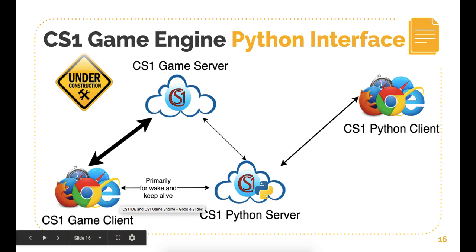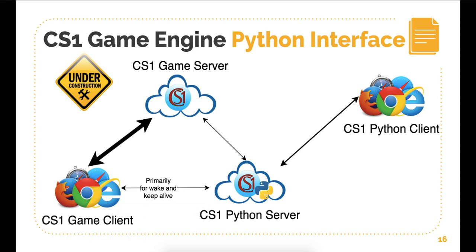You would just do a couple setup steps with the CS1 Game Engine to basically avail the Python code interface. And then another aspect of integrating Python into the CS1 Game Engine is using a Flask server.